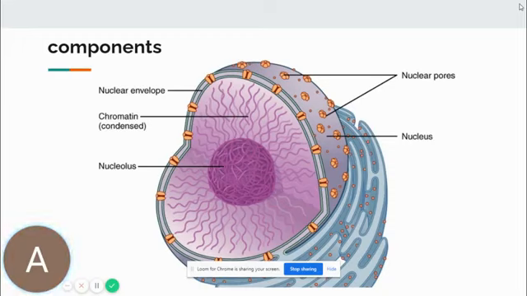It should not be easily damaged or altered because, of course, once DNA is altered, there could be certain diseases that could arise from it, like, of course, cancer. You could also have genetic mutations that can be passed on to the next generation and result in physical and cognitive impairments.